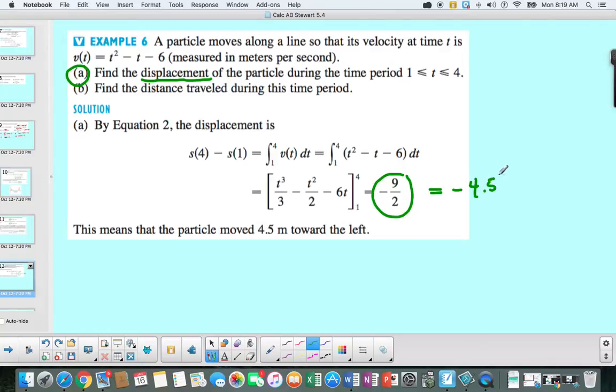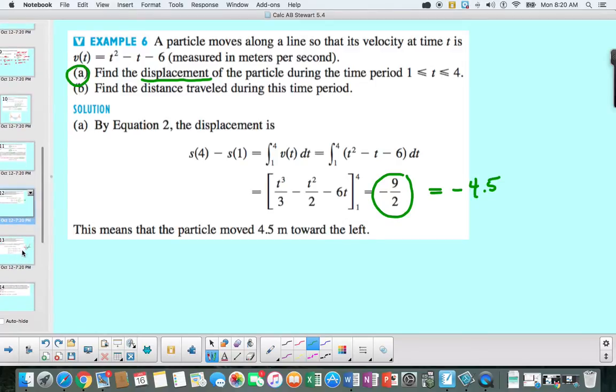So this tells me there was probably more area between the curve and the x-axis underneath than there was above. Now the net result is that the location of the object was negative 4.5, or 4.5 meters to the left of its original starting point.